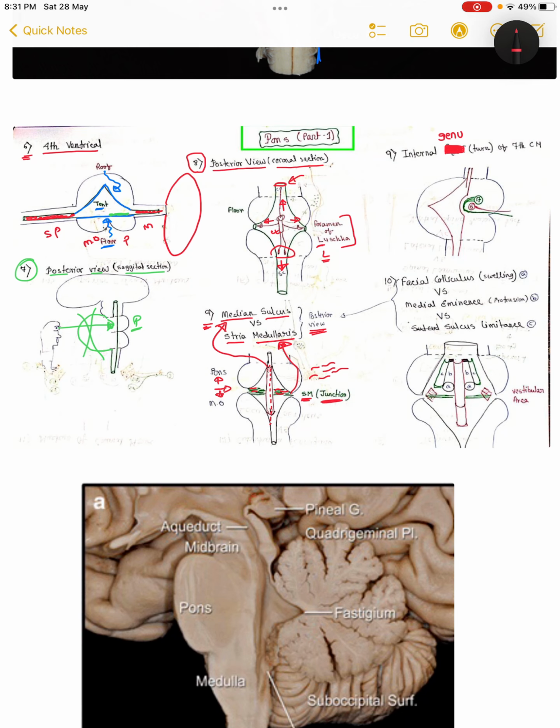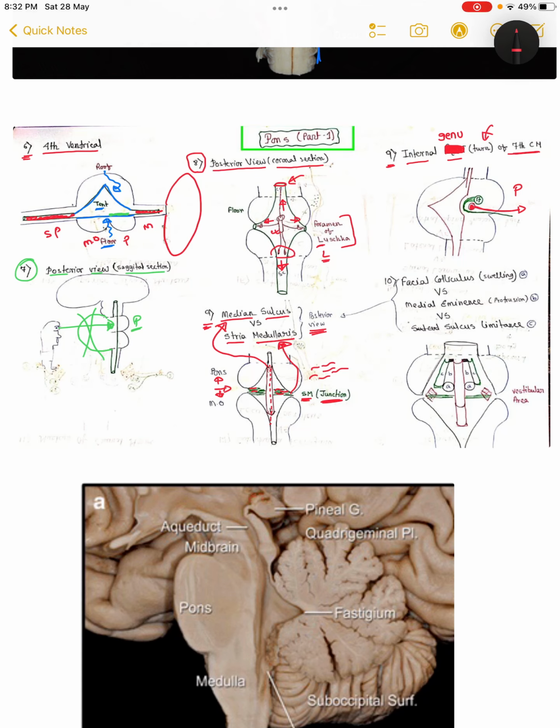Claro. Let's move forward. Here we are going to clear one concept. What do you mean by the internal genu of our facial nerve? And remember, genu means turn. Now you know at the level of the pons we have the nucleus of the abducens, and the abducens nerve is emerging directly anterior.